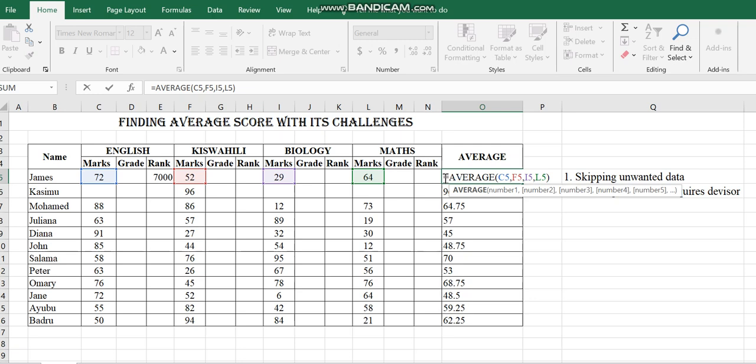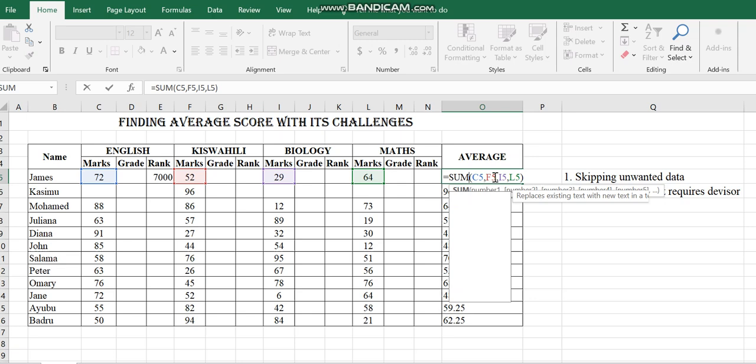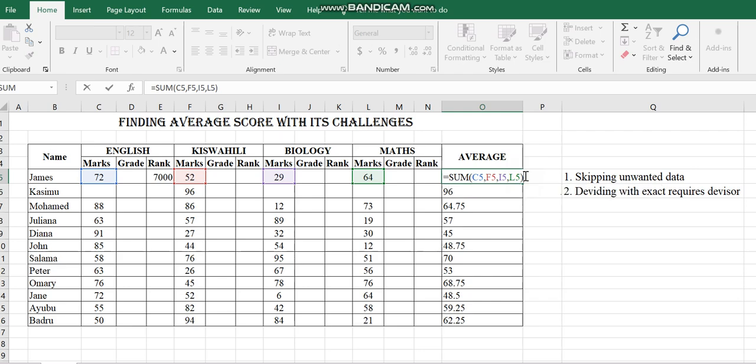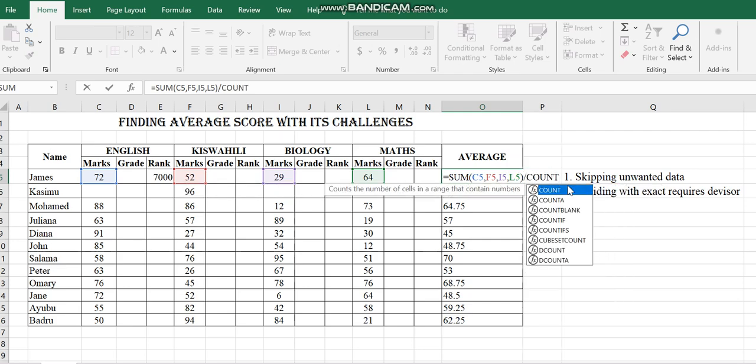So how do we solve this? The solution will be, now we'll change here. We'll say sum in this area, this one, and this one, divide by counter.